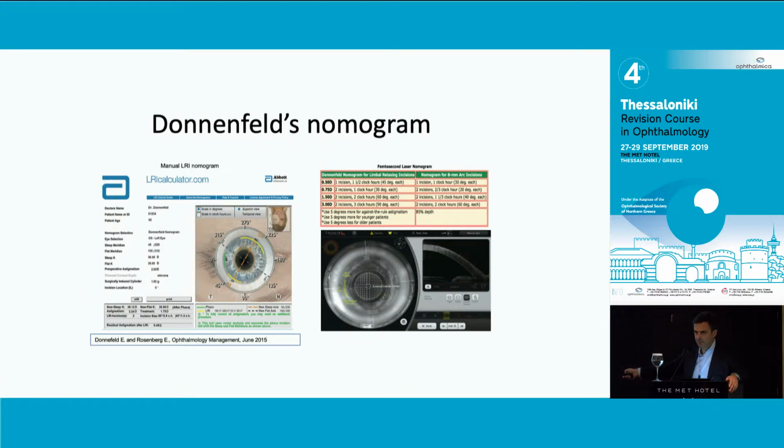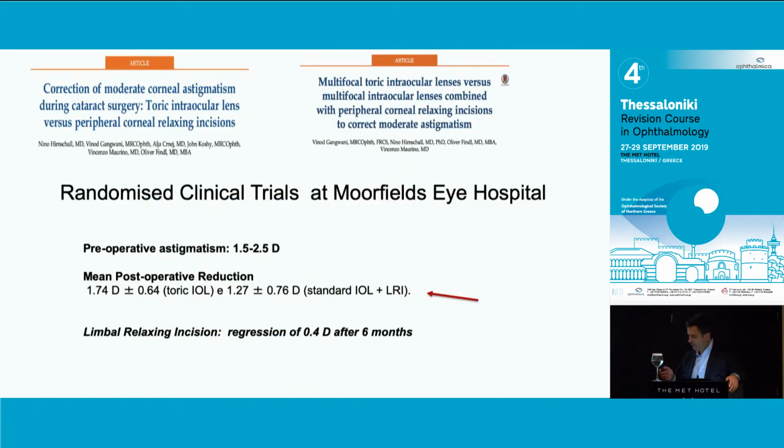If you plug your numbers in, they will tell you the size of the incision, the position, etc. Although you can base everything on rule of thumb, this is useful for planning because it's ever so easy to put the incision on the wrong axis, whilst having a nice diagram will always help you not to make mistakes. Normally, how much astigmatism can you expect to correct with incision?